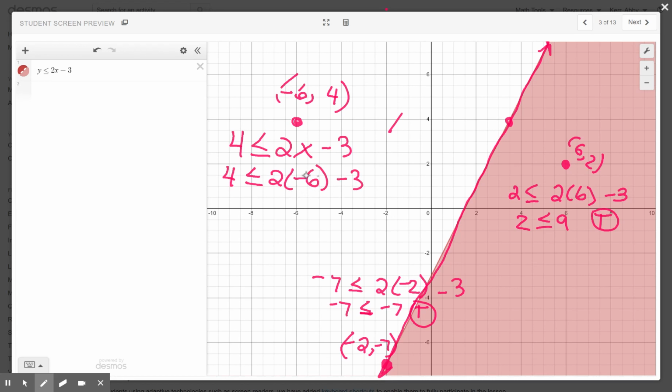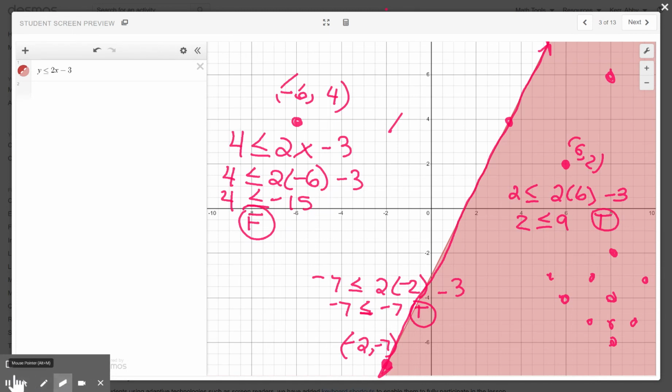So the 2 times -6 is -12, minus 3 is -15. 4 is not less than or equal to -15. So that's why it's not shaded. So every single ordered pair in this red shaded area is an answer. So on and so forth. I just picked one of the examples.